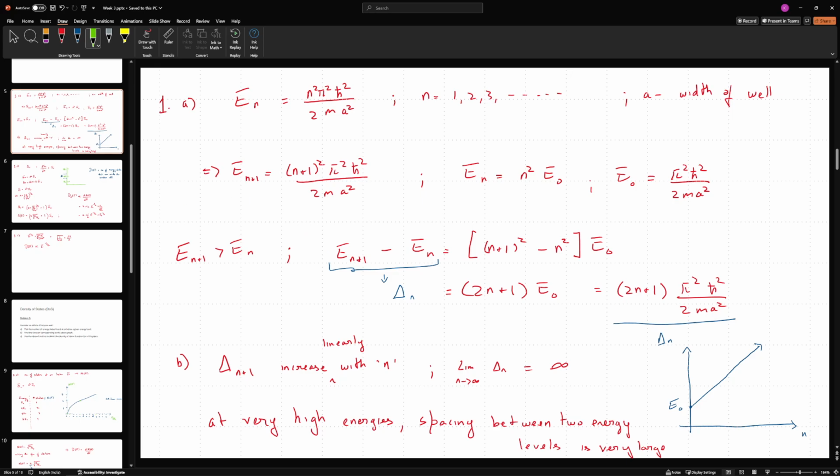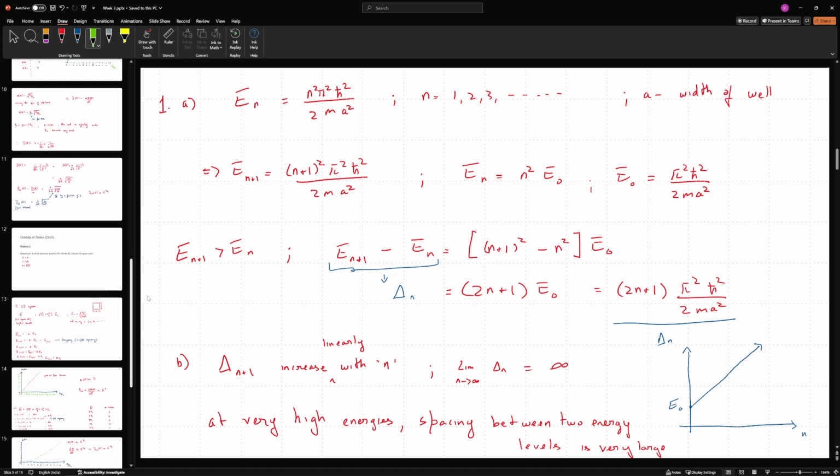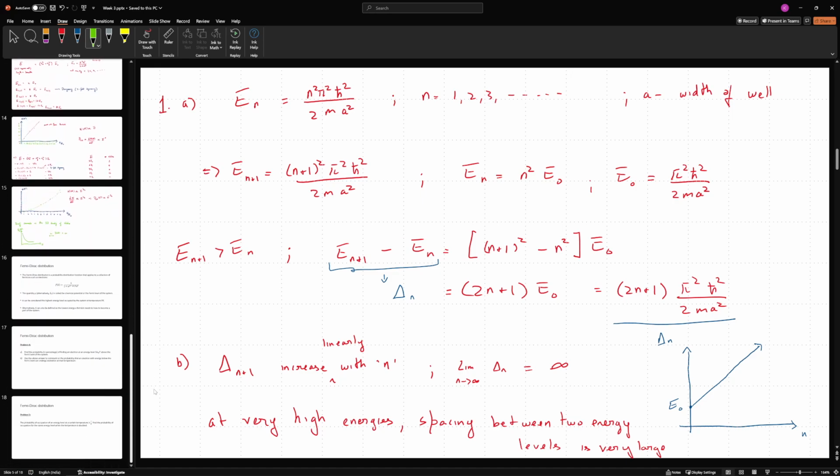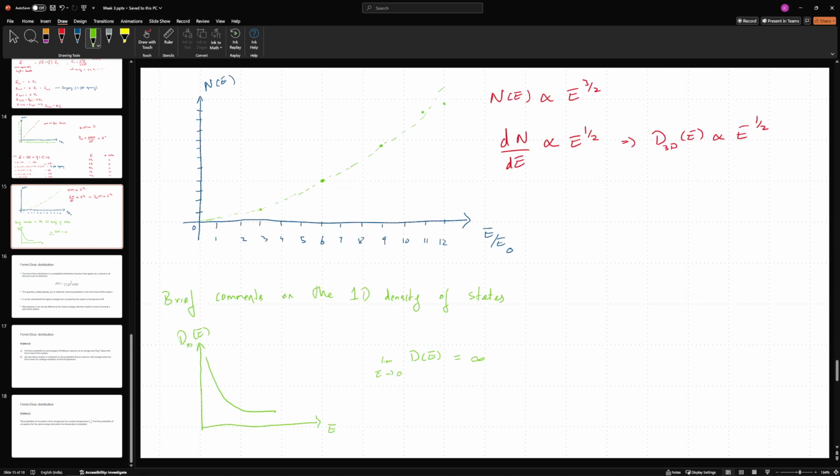So this infinite density of states that I'm seeing here is merely an indicator of the closeness of the energy levels. Technically I shouldn't say infinite, but I will write infinite, since we need not be too mathematically precise here.